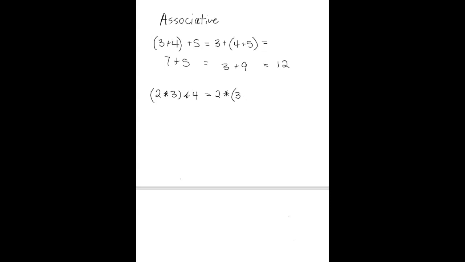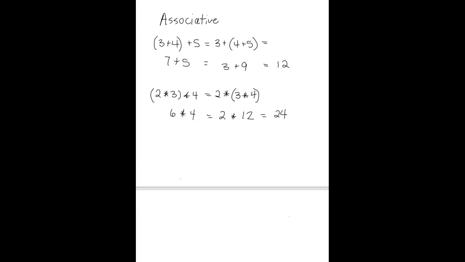Let me go ahead and rewrite that. So there we go. In this case, I have a 6 times a 4. And here I have a 2 times a 12. And both of those are going to get me a 24. So hopefully that convinces you that associative property also works.